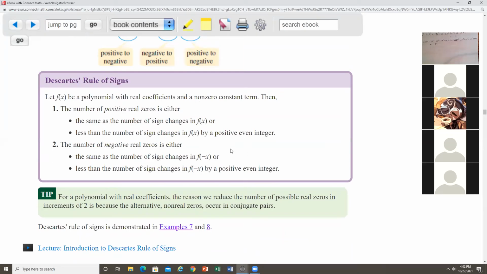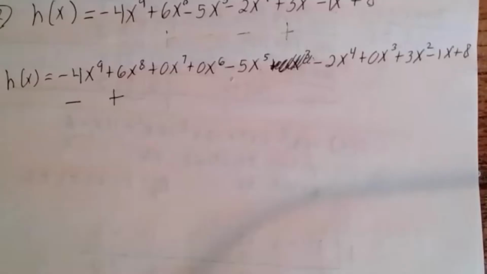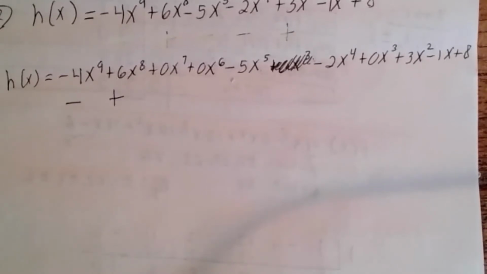This is problem number 52, is that correct? Yes. All right. Tell you what, let's go back to our original polynomial here. And let me take a quick peek here, ladies and gentlemen, as to the result for this. This is section 3.4. Hold on a second here. And this is problem number 52. Let me take a quick look so I don't steer you wrong here. Hold on a second. What's going on here?